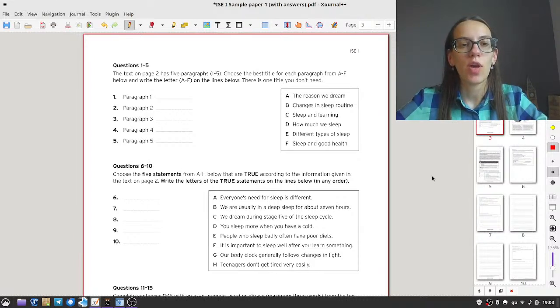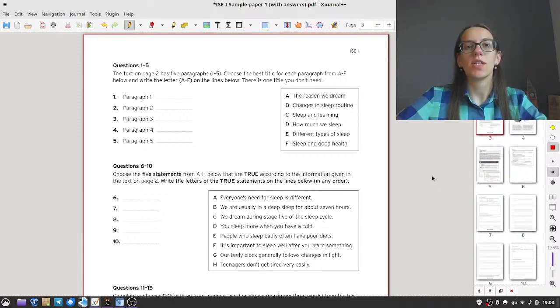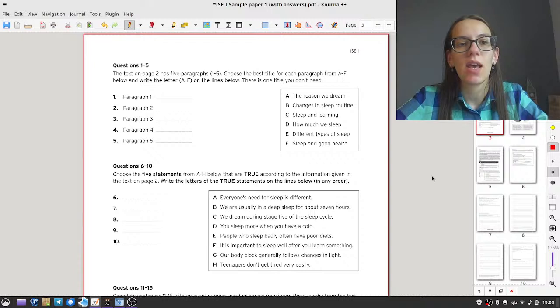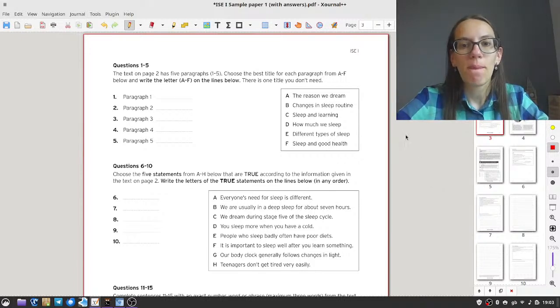So questions 1 through 5, you need to look at the text first, of course, and then you have titles for the paragraphs. You need to match each title with each paragraph.